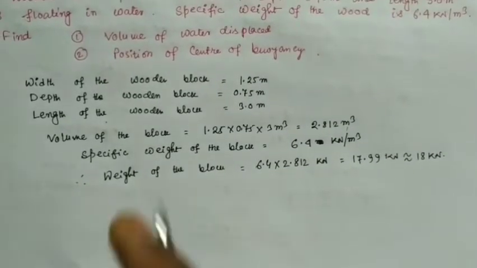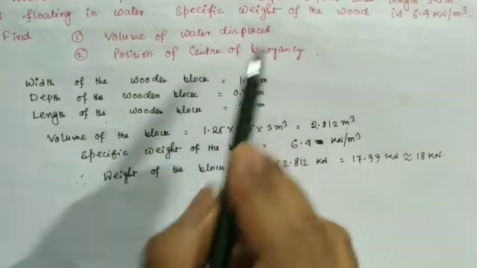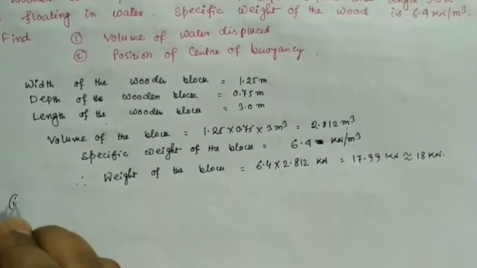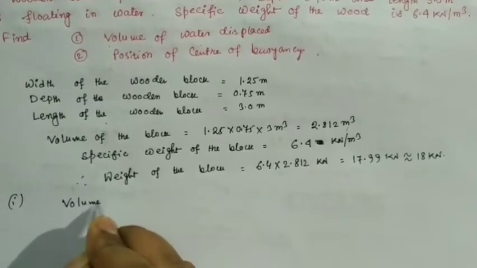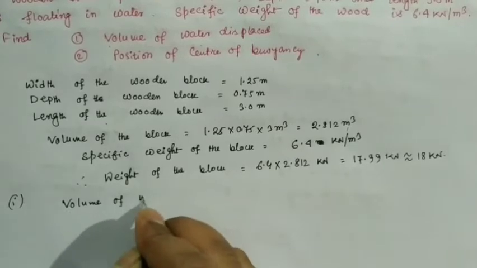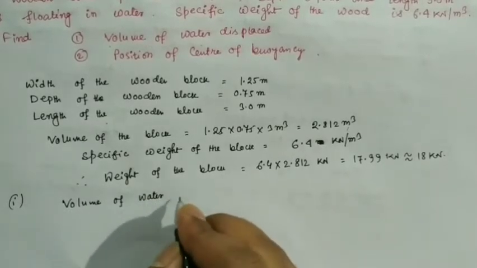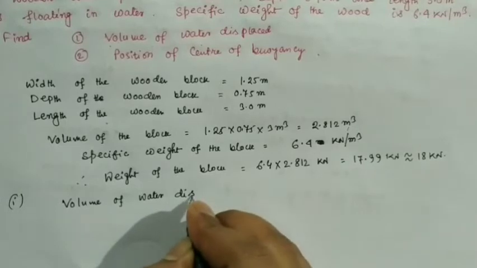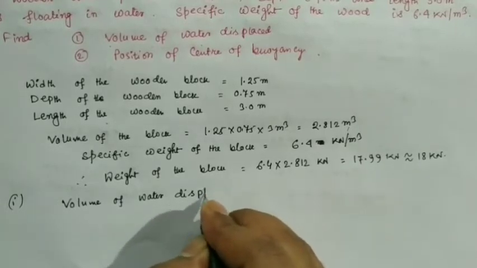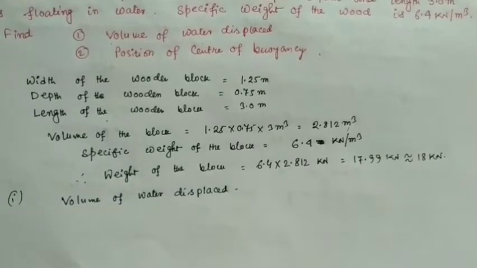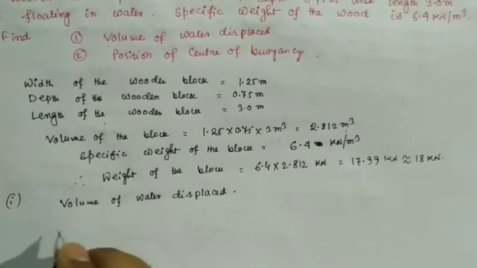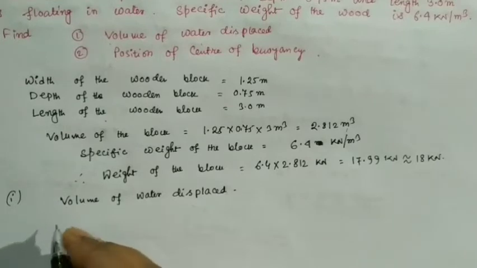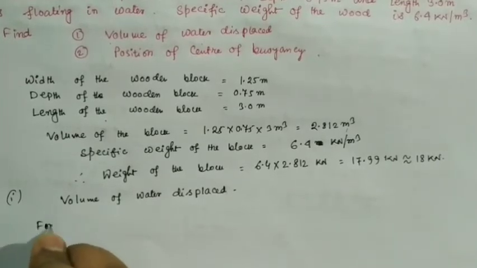So the first question asks to find the volume of water displaced. Then what will be the volume of water displaced? Look, for equilibrium, the weight of the water displaced will be equal to the weight of the wooden block. It is the principle of buoyancy. What is the principle of buoyancy?